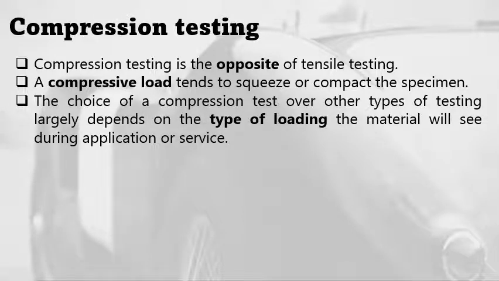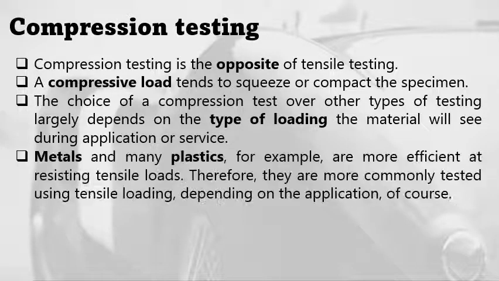So the choice of the compression test over the other types of testing depends on the type of loading the material will see during the application or service. So if the engineer already determined that this kind of material will undergo tension, then we will use tensile testing. If it is expected that the material will undergo compression, then we will have to subject the material to compression testing.